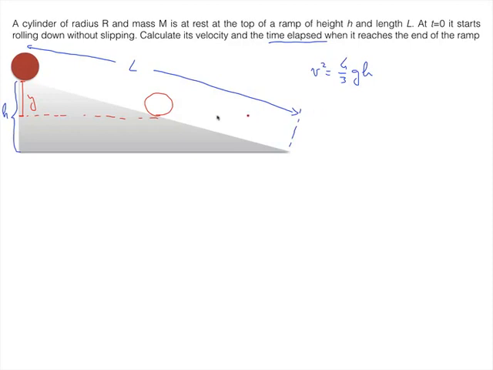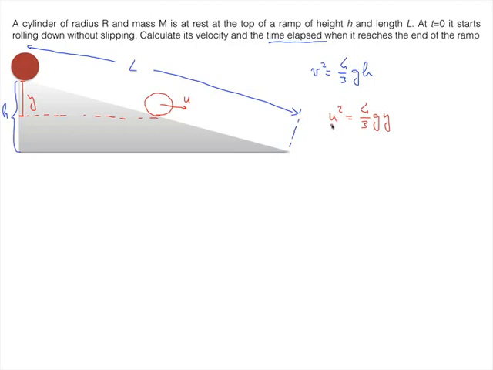So we could write that the velocity, let's call it u, at this instant, u squared equals 4/3 of g times y. And y can be any distance from 0 down to h. The expression is totally general. I want to emphasize this.